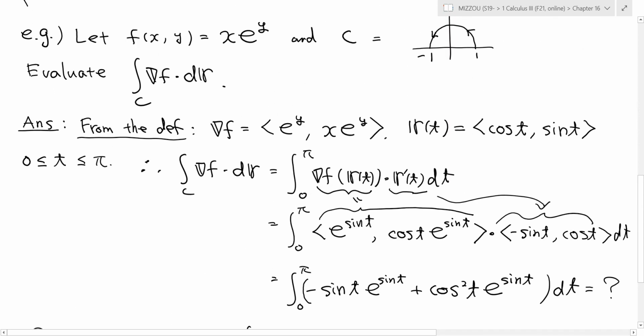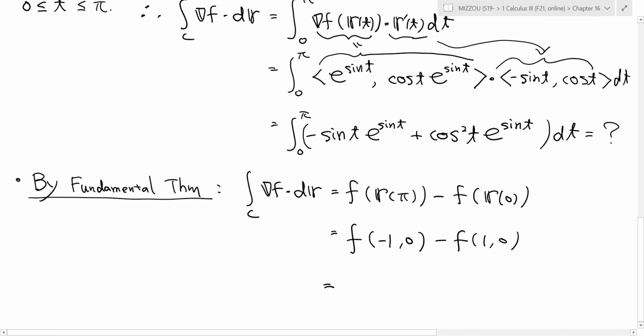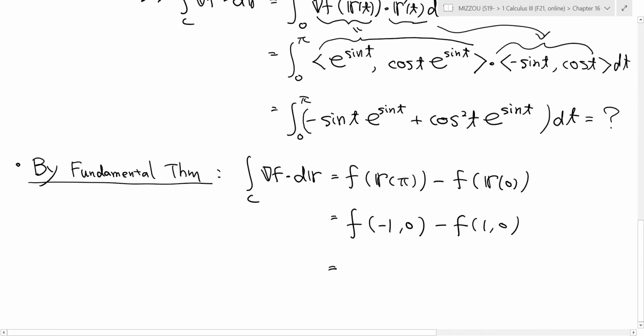The given function f of x, y is x e to the power of y. So this is negative 1 times e to the power of 0 minus 1 times e to the power of 0, and that's negative 2. That's the answer.